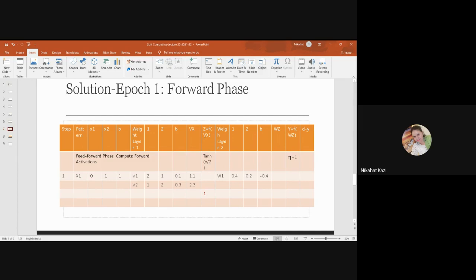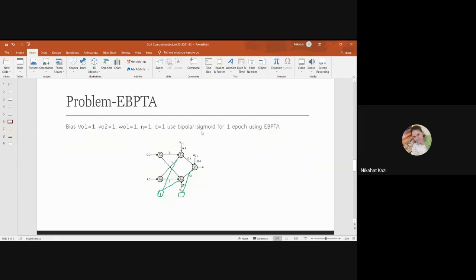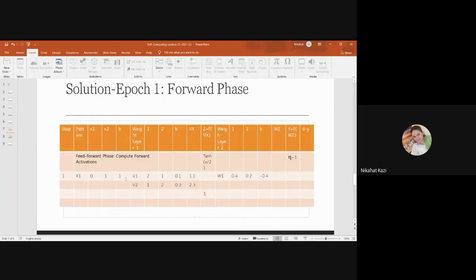The activation function for this particular example is mentioned to be bipolar sigmoid. Since we are using bipolar sigmoid, it is tanh(x/2). The argument to this function is the net value, this 1.1 and 2.3. So apply that activation function over it and tell me what is the value. 0.5005.